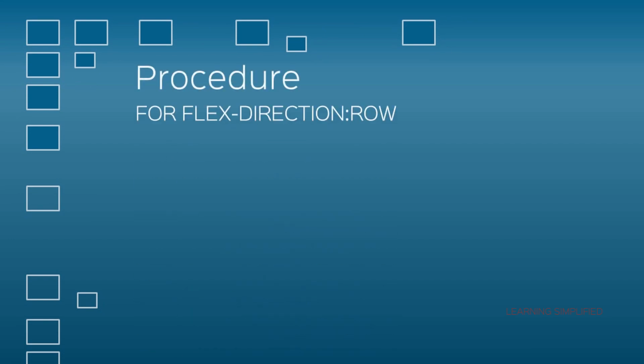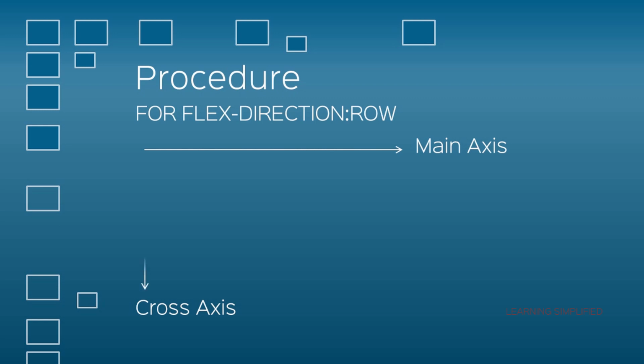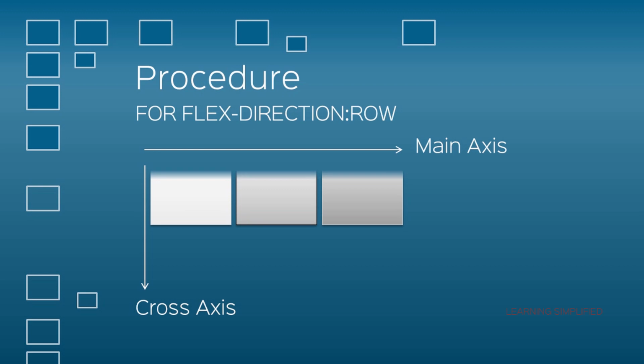Every Flexbox element shows a tendency to circulate across the main axis. Now we can see that there are two axes. The first one is the main axis and the second one is the cross axis. In case of Flex Direction Row, this main axis aligns into the horizontal position, that means in the X direction, and the cross axis aligns into the vertical position, that means the Y axis direction.